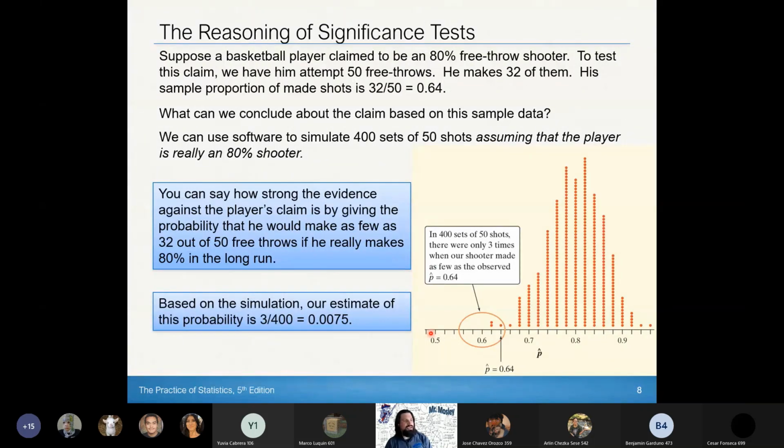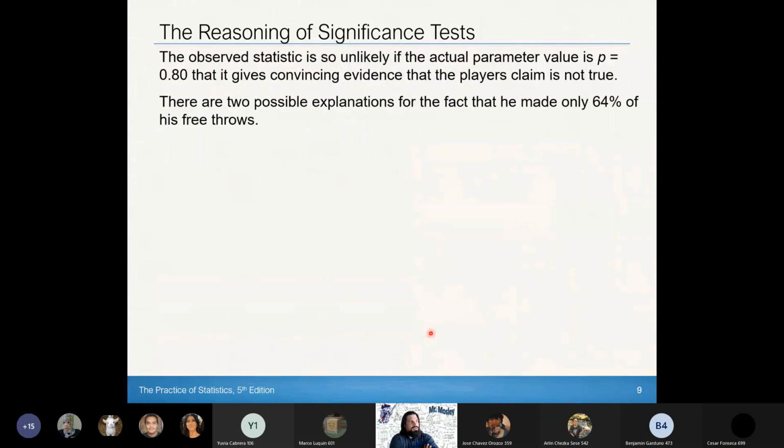Based on the simulation, our estimate of this probability is 3 out of 400, or 0.0075. Less than 1%. The observed statistic is so unlikely if the actual parameter value is p equal 0.8 that it gives convincing evidence that the player's claim is not true.